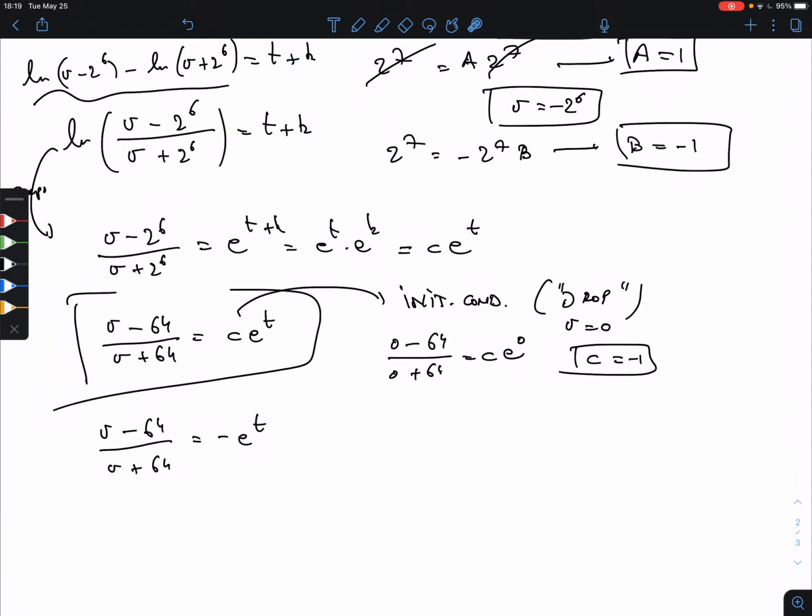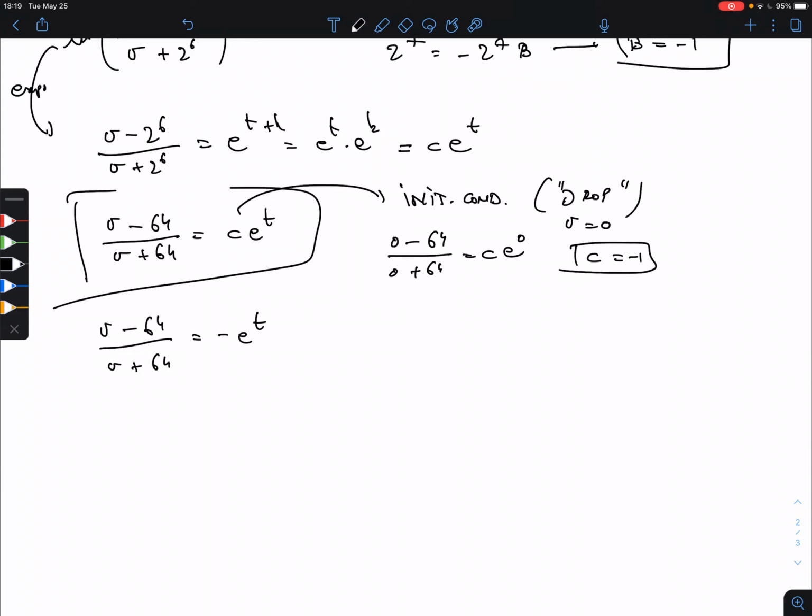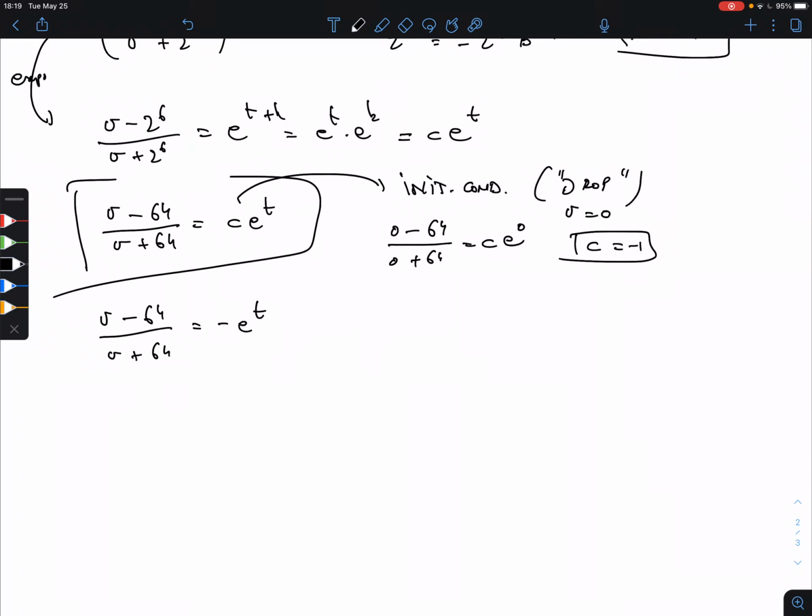Now, if you don't want to do that, let's just solve for it. Finding c sometimes is harder because you have to keep writing what it is, and it's minus 1. Otherwise, if you write c, it's easier. But okay, so I'm bringing this to the other side. So I get v minus 64 equals minus e to the t times v plus 64. And I expand this. That is minus v e to the t minus 64 e to the t.